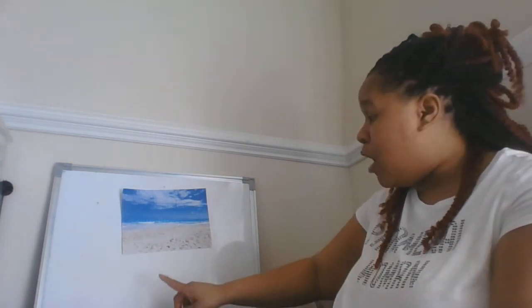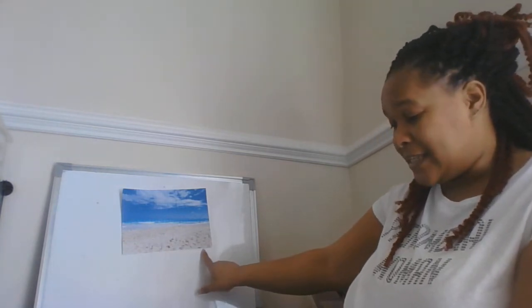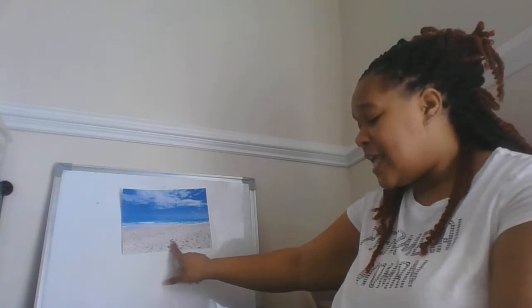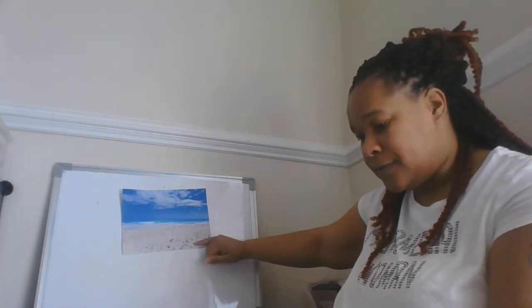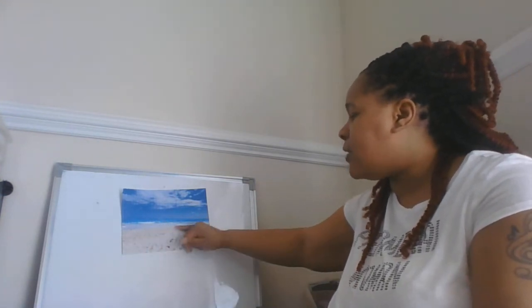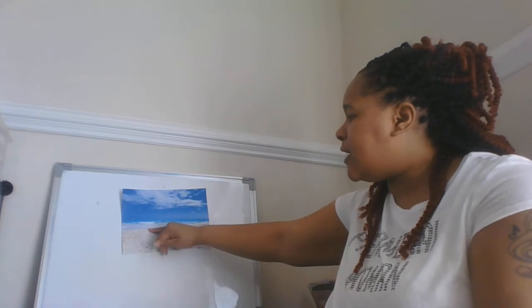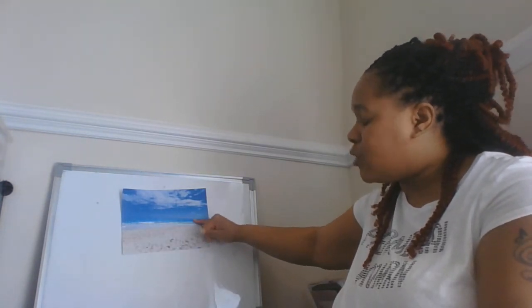A beach is made up of small, loose rocks which turn into fine sand. And together they make a shore and the body of water. See the water? It separates. The shore is separated by the body of water.